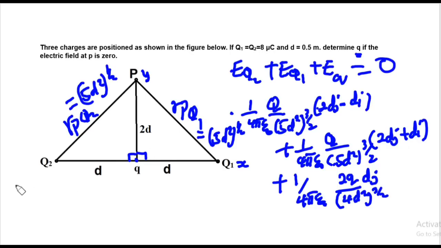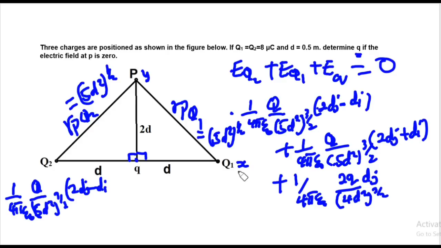So we have 1 upon 4 pi epsilon 0 Q upon (5d²) to the power of 3 upon 2, then we have (2dj − di) plus this, plus (2dj + di). Then, of course, this should equal 0 by what we have here.